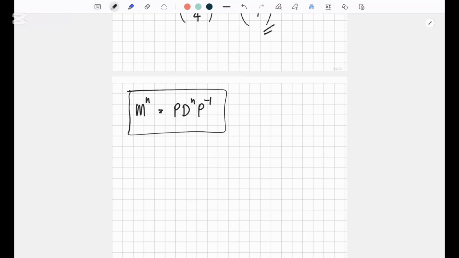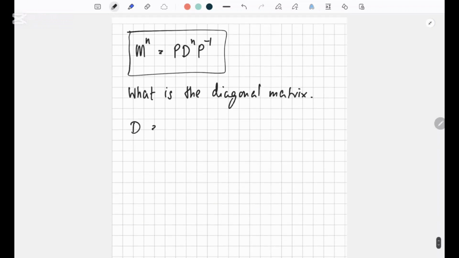Apart from this, if they ask what the diagonal matrix is, D comes in a format like this: lambda 1, 0, 0; 0, lambda 2, 0; 0, 0, lambda 3.